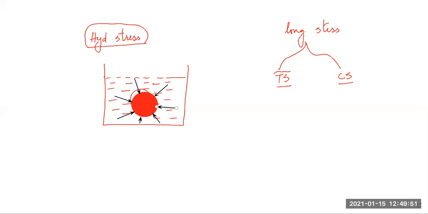So, under the effect of these external forces, the external forces are also known as deforming forces because they try to deform the body. The internal mechanism of the body is set up so that there are forces which try to oppose these forces internally.